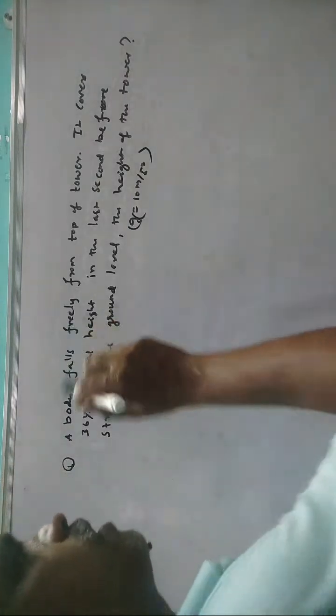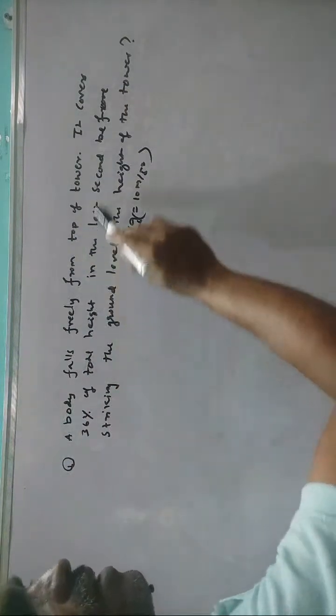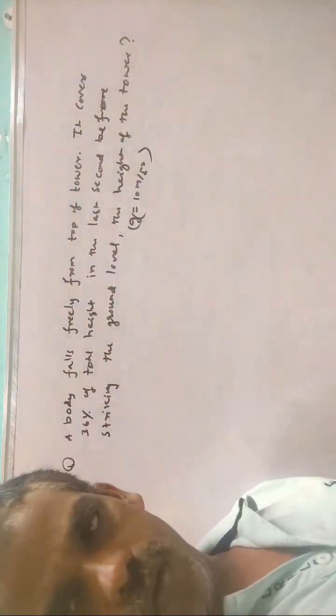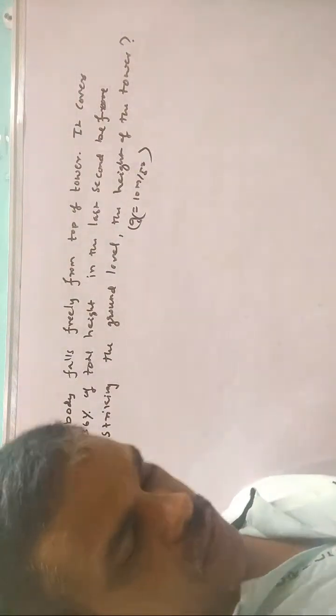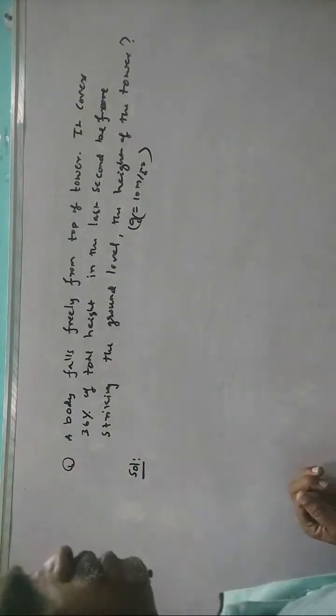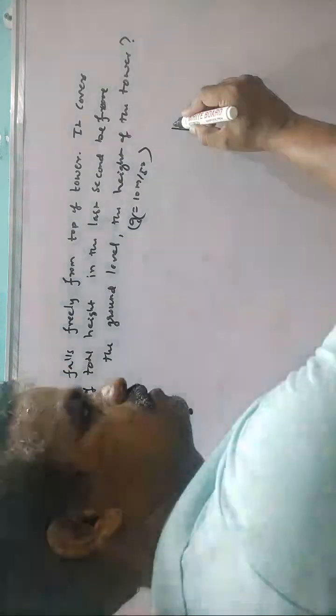So this is the question. Just read the question first. A body falls freely from the top of a tower. It covers 36% of total height in the last second before striking the ground level. The height of the tower is? So how do we calculate? For the solution, see, body falls freely from the top of the tower. For example, this is a tower.